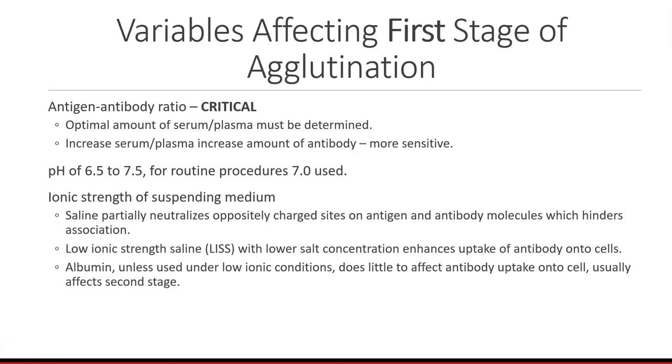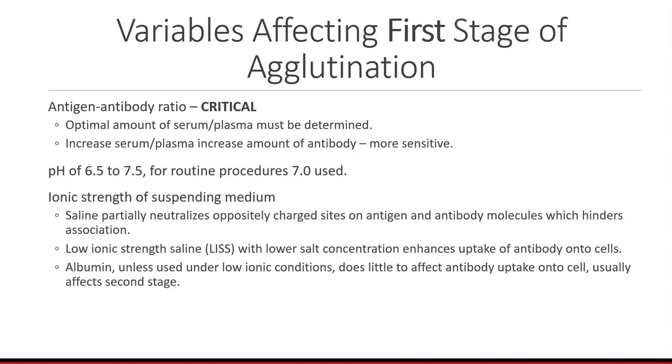So we're going to discuss the variables affecting the first stage of agglutination, and you must know forever and ever that in the first stage of agglutination, there is sensitization. So the antigen-antibody ratio is critical. You need to determine the optimal amount of serum or plasma to be used in the test system so that we avoid prozone and postzone.